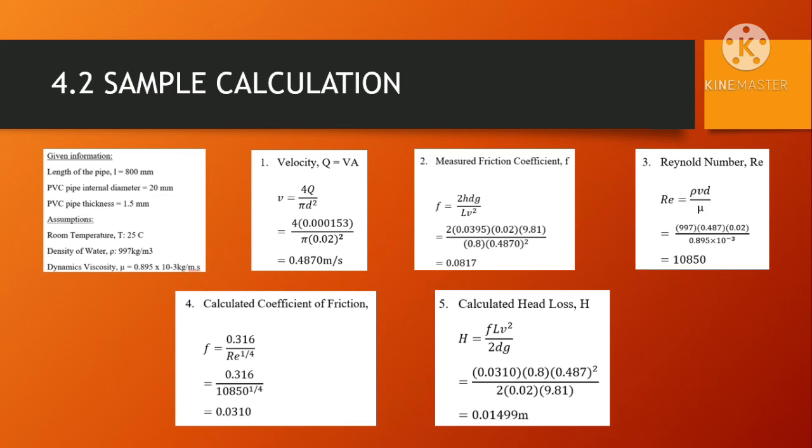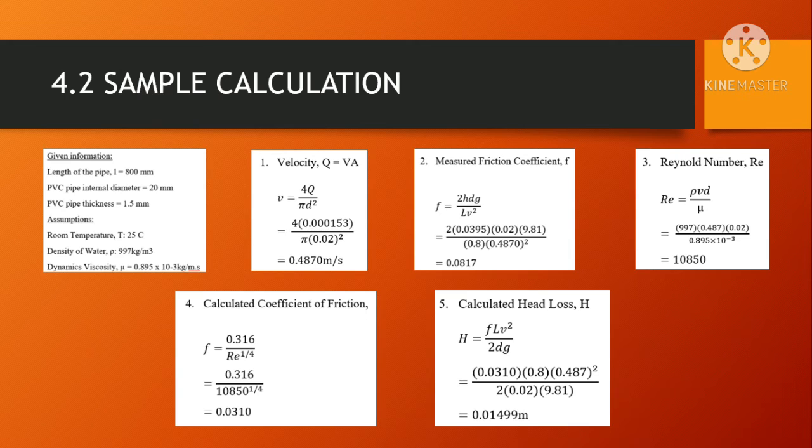So we get the measured friction coefficient of the data. Next, we calculate the Reynolds number, which is Re equals rho Vd over mu. Number 4 is the calculated coefficient of friction, where the formula used is f equals 0.316 over Re to the power of 1 over 4.